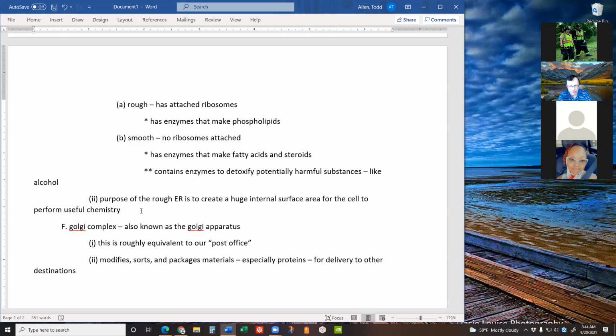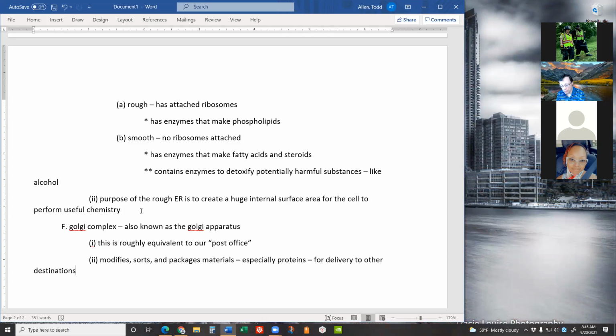Obviously, you're going to be in default of your loan or whatever it is you're paying. That would create a problem, would it not? Same way that if cargo in the cell does not get to its proper destination so it can do a proper job, a proper function of the cell, then typically things start to break down in the cell, and you might actually create disease at the molecular level. So Golgi is super, super important.